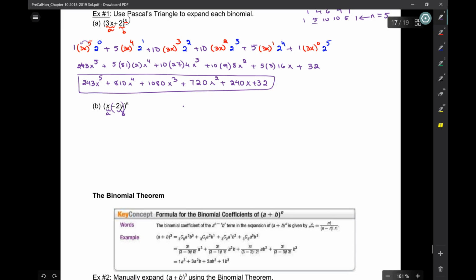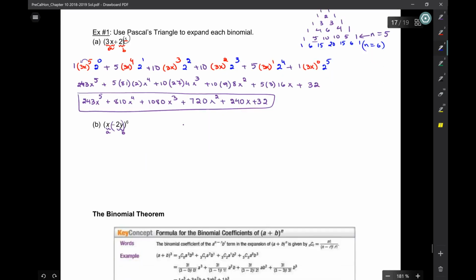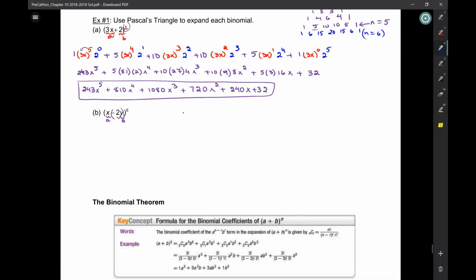Now this is the 6th power. If it's n equals 6, then in my Pascal's triangle I have to go another step. So it's 1, 6, 15, 20, 15, 6, and 1. Okay, so this is for n equals 6. Those are going to be my coefficients.